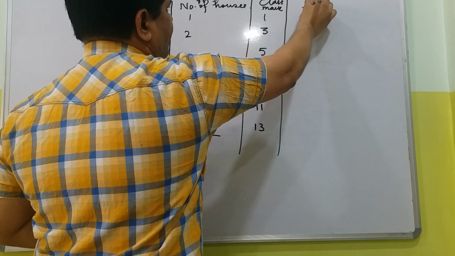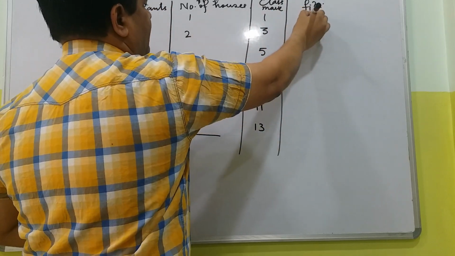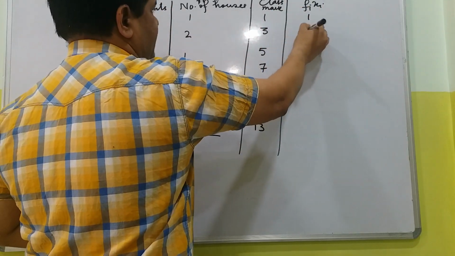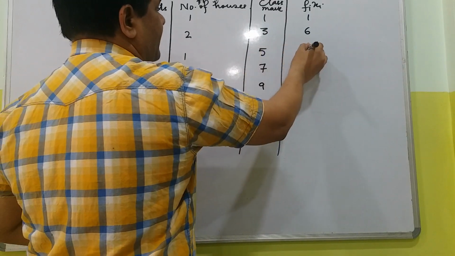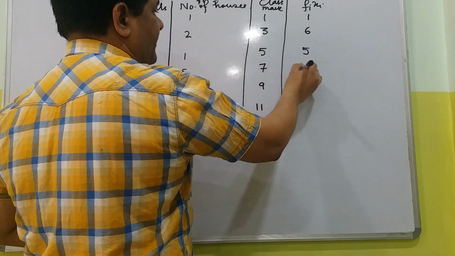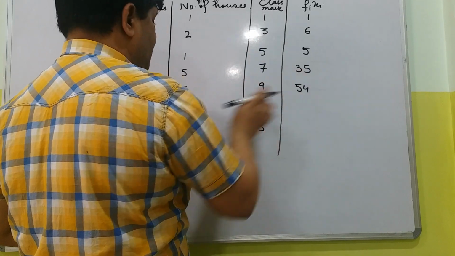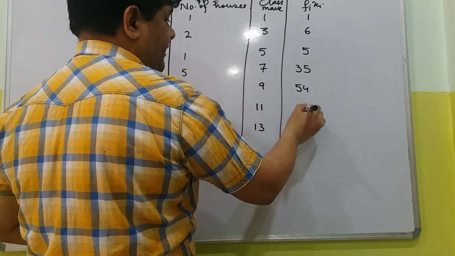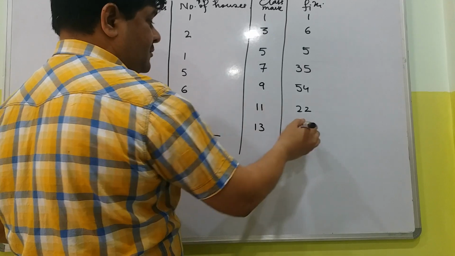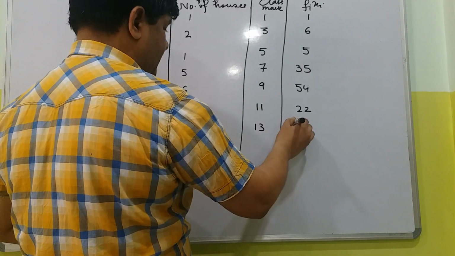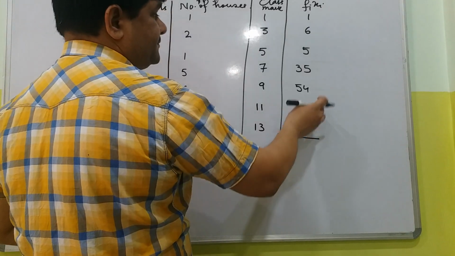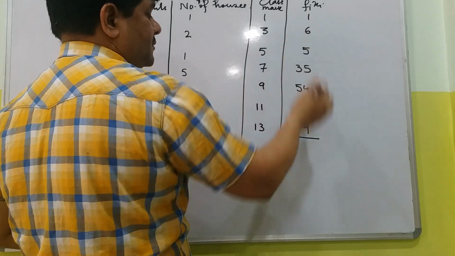So we will multiply: 1 into 1, 1; 2 into 3, 6; 1 into 5, 5; 7 into 5, 35; 6 into 9, 54; 2 into 11, 22; 3 into 13, 39.